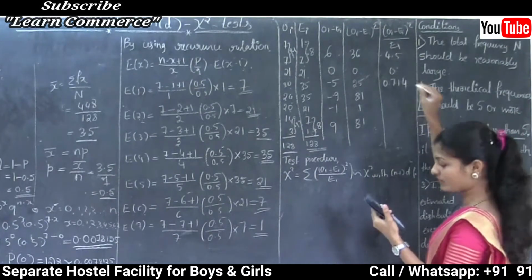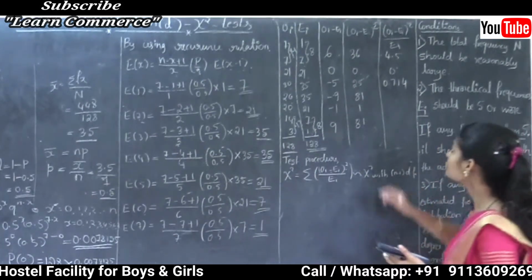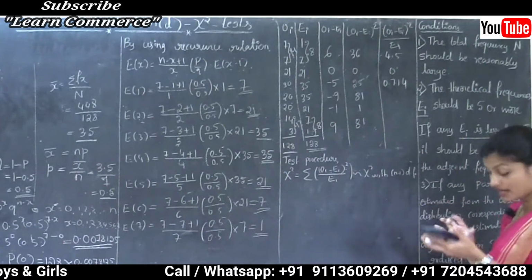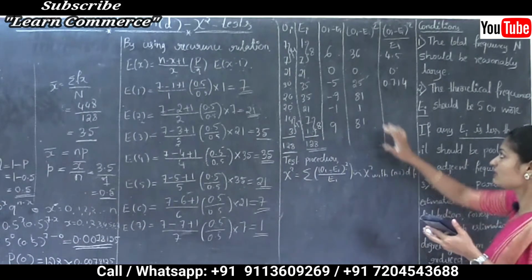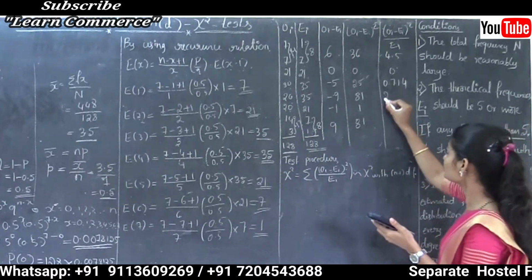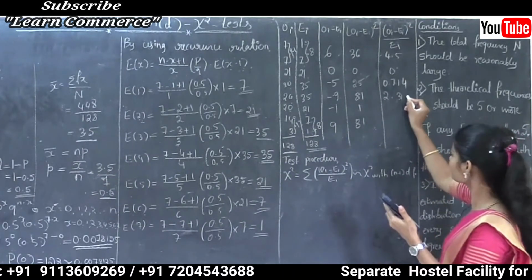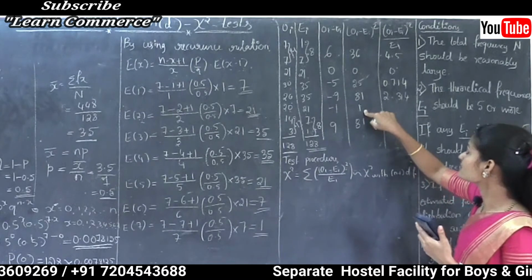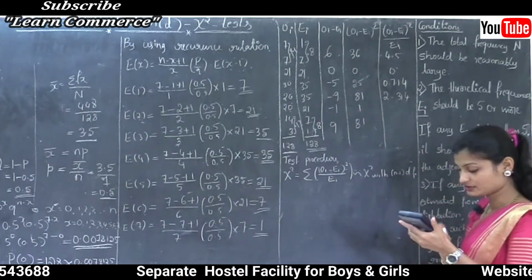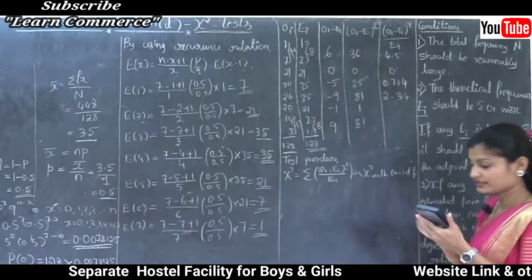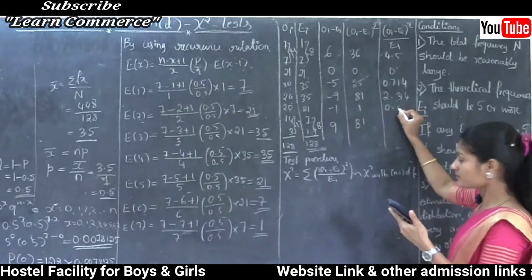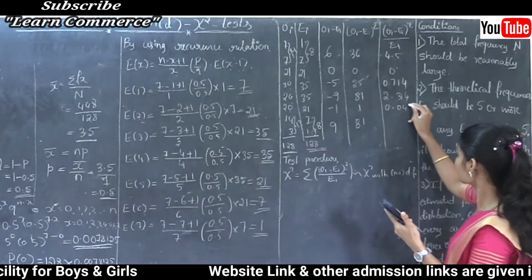0.714. Next observation: OI minus EI whole square divided by EI, that is 81 divided by 35, which is 2.314. Next, OI minus EI whole square is 1 and EI is 21, so 1 divided by 21 is 0.045.